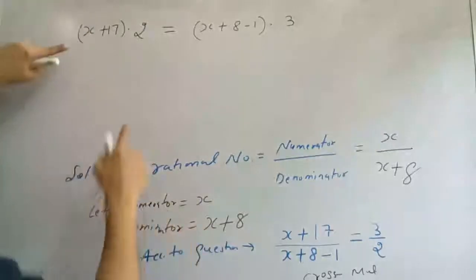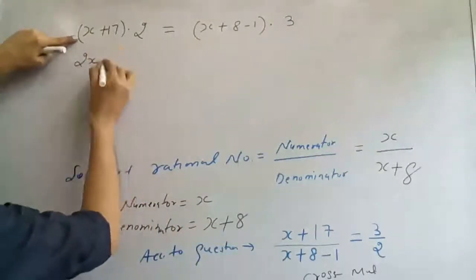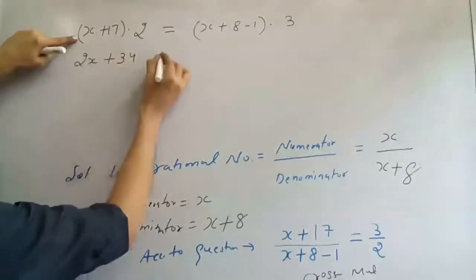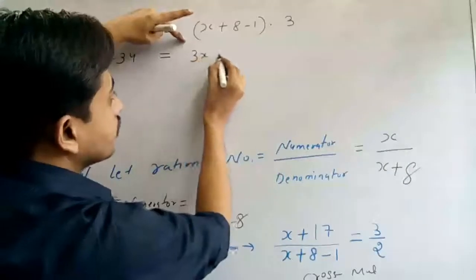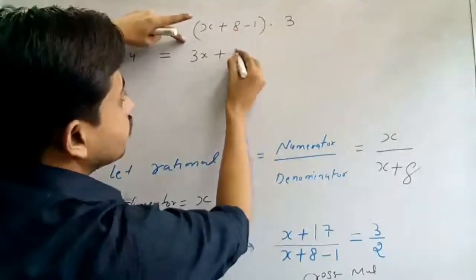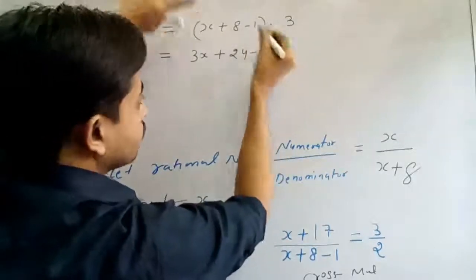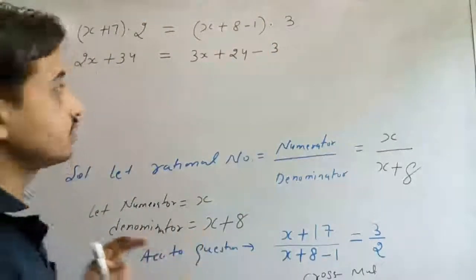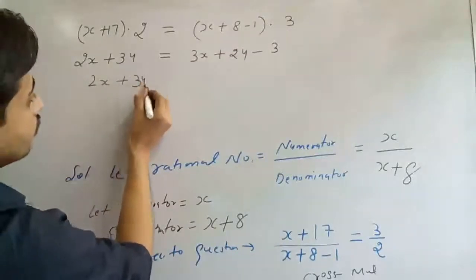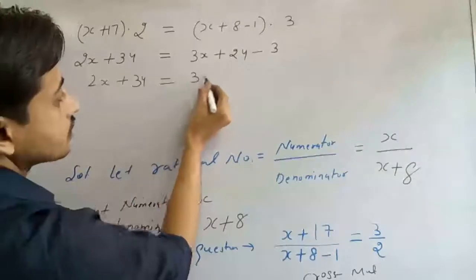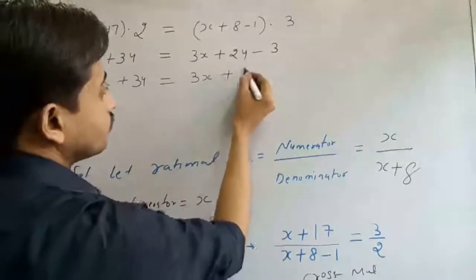Now please solve this. 2 into x we get 2x, 2 into 17 we get 34. Same here, 3 into x we get 3x, plus 3 into 8 is 24, minus 3 into 1 is 3. Now 2x plus 34 is equal to 3x plus 24 minus 3, we get 21.